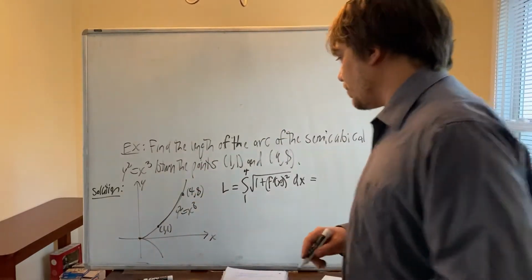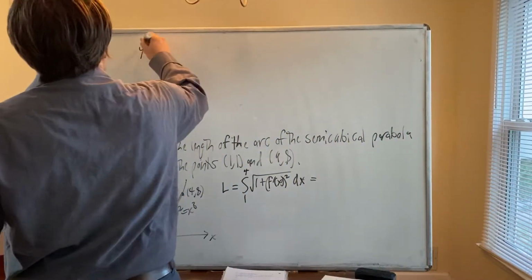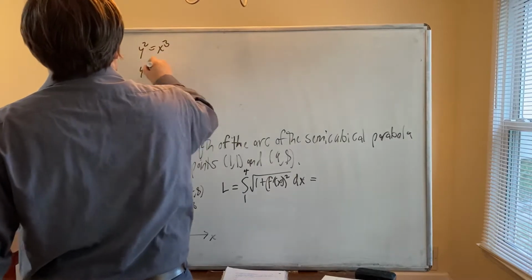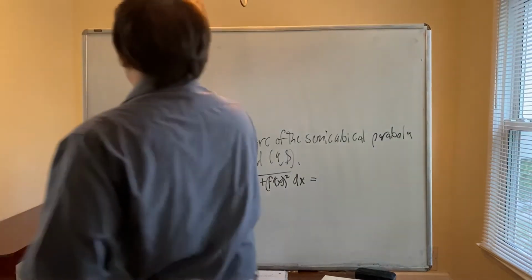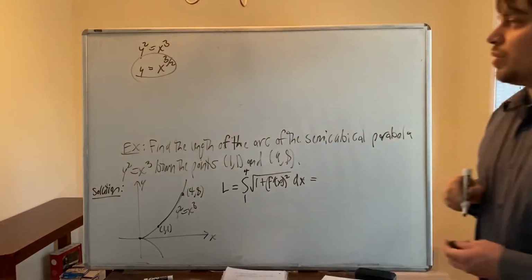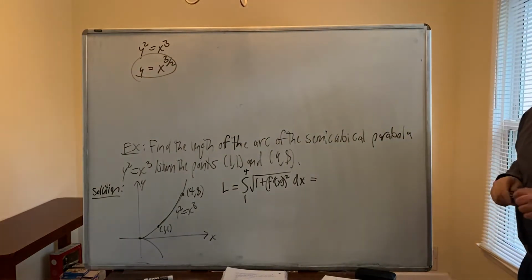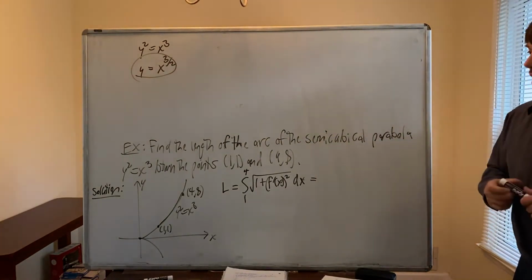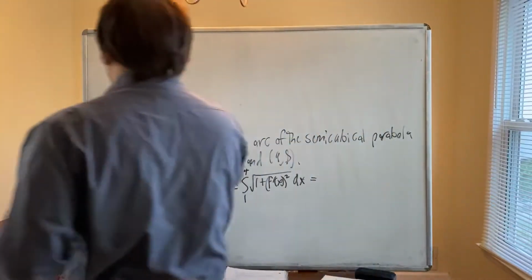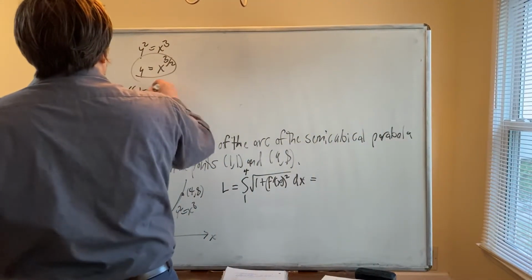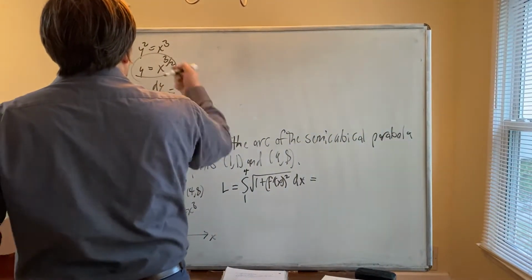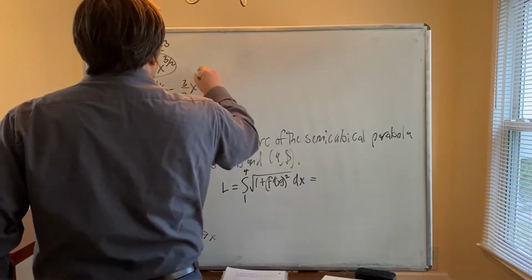Okay. So our curve is y squared equals x cubed. That's y equals x to the 3 halves. Okay, so finding y explicitly in terms of x, y is equal to x to the 3 halves. And so f prime of x is dy dx. That's the derivative of that, which is 3 halves x to the 1 half.